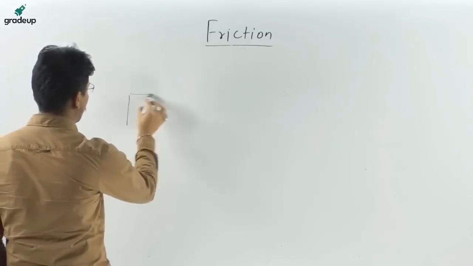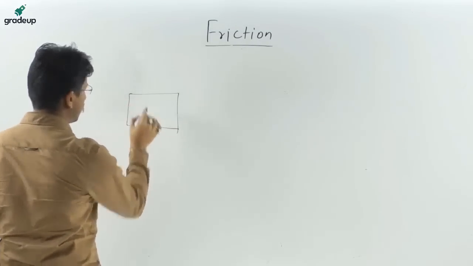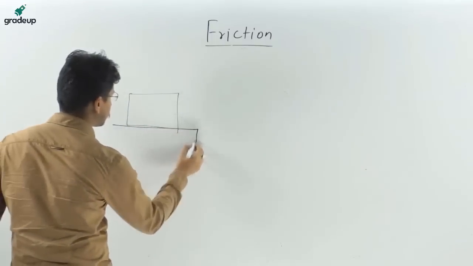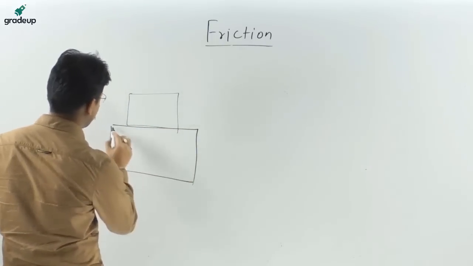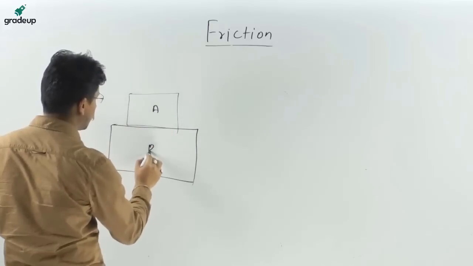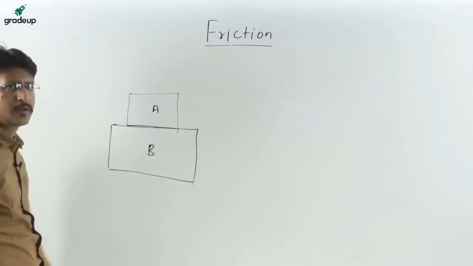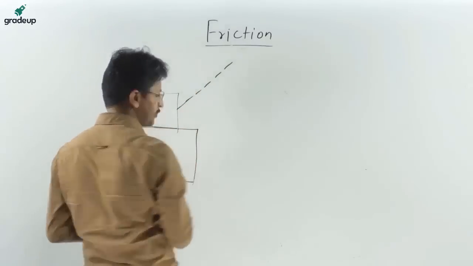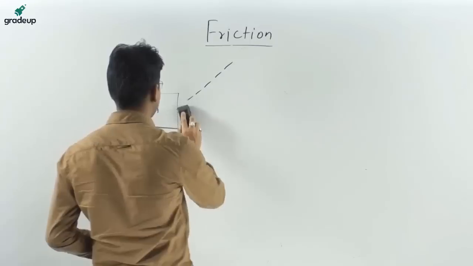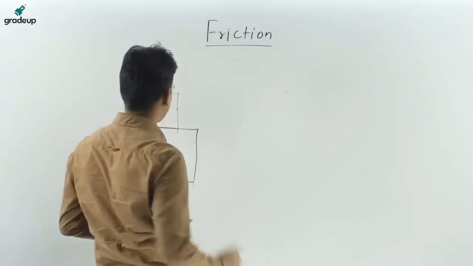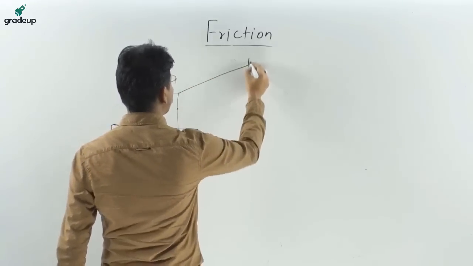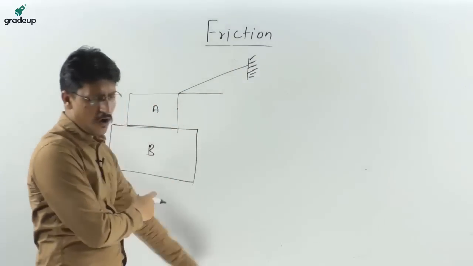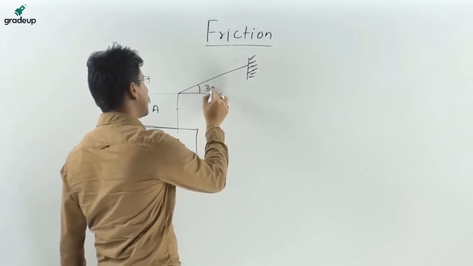See this case. Now there are two blocks resting one over the other. This is block A, this is block B. This block is tied to a string at an angle of 30 degree.